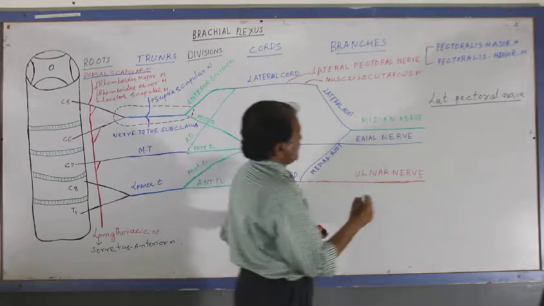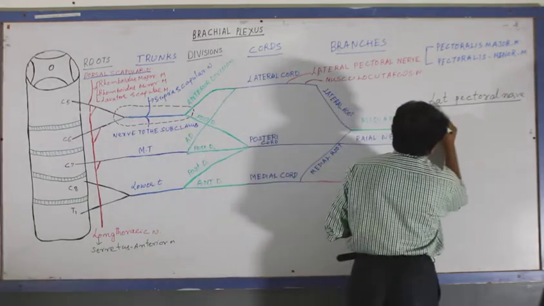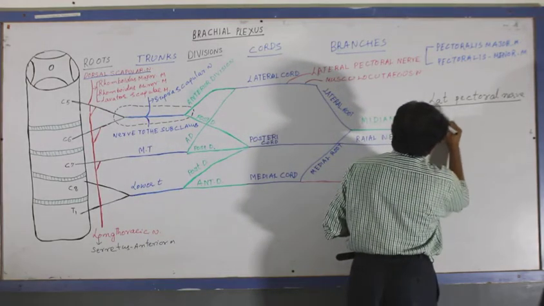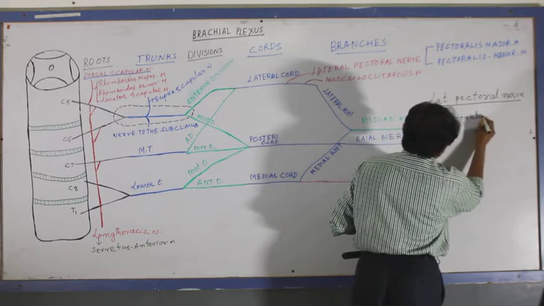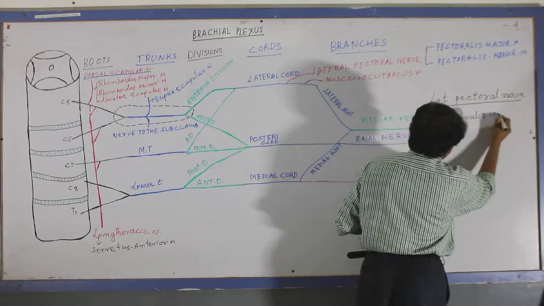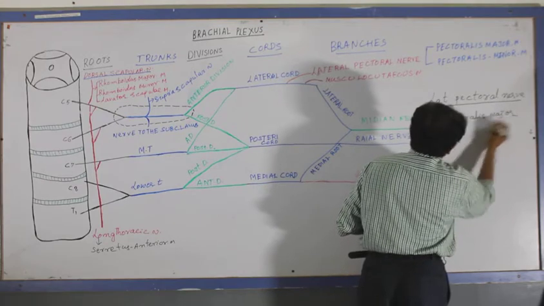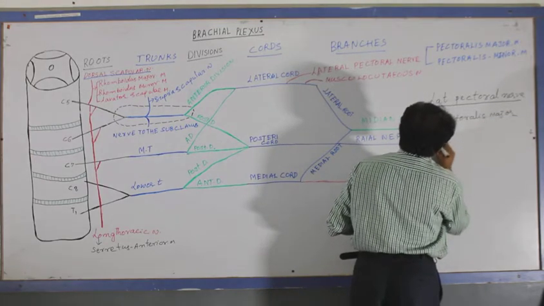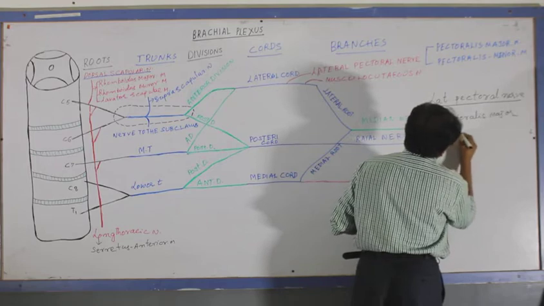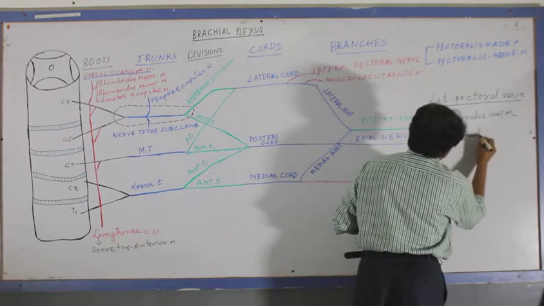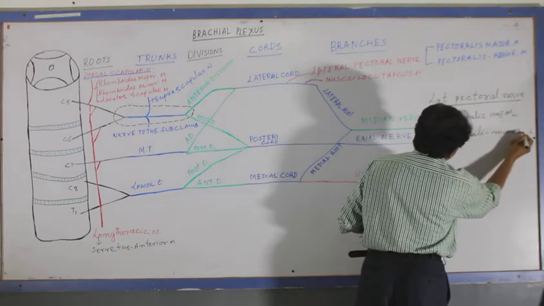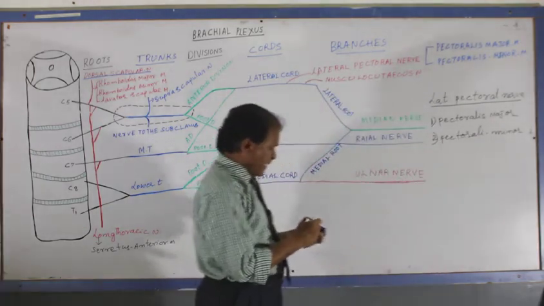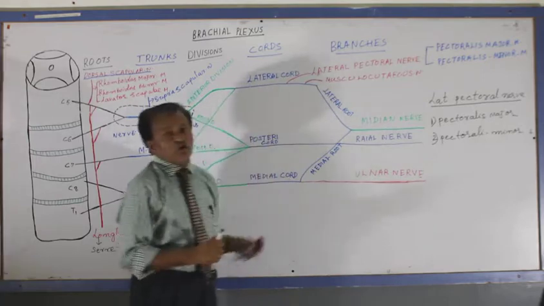It supplies one muscle, the pectoralis major, and another one, the pectoralis minor. These two muscles are supplied by the lateral pectoral nerve.